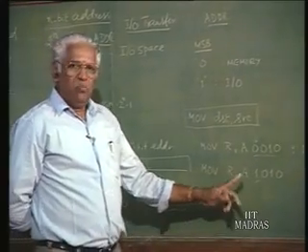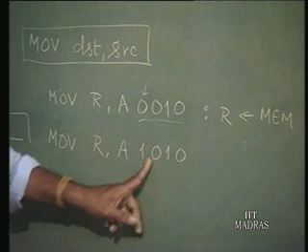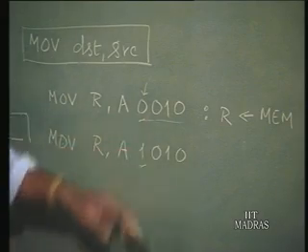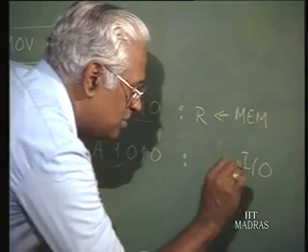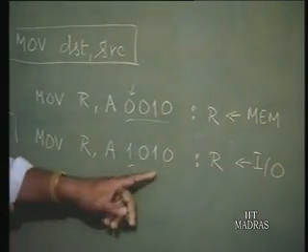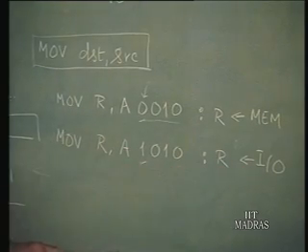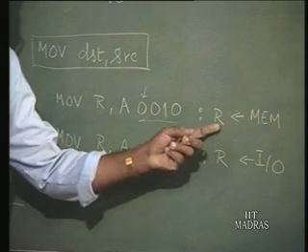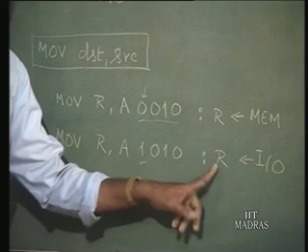It says move from an IO device of address 010 to register, from IO to register. Now, what has happened? Earlier we were moving data from memory to register. Now, with this instruction we are moving from IO to register. This in fact is a memory read operation, whereas this is a device input operation.